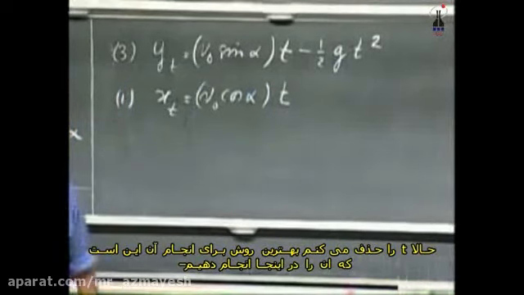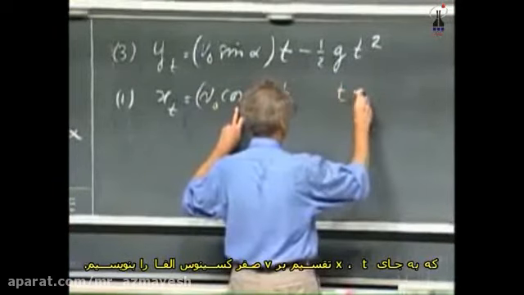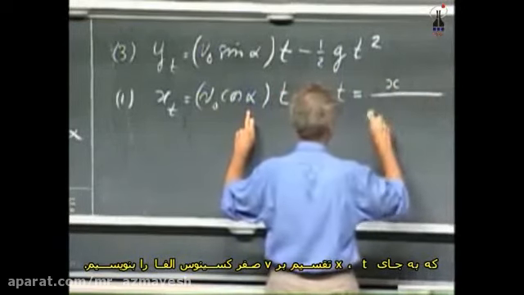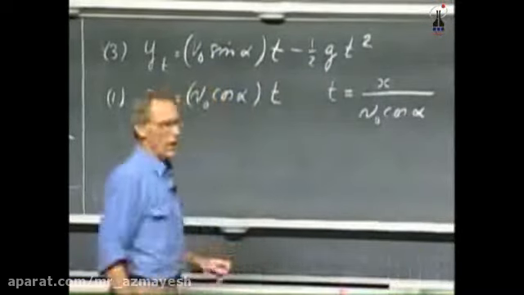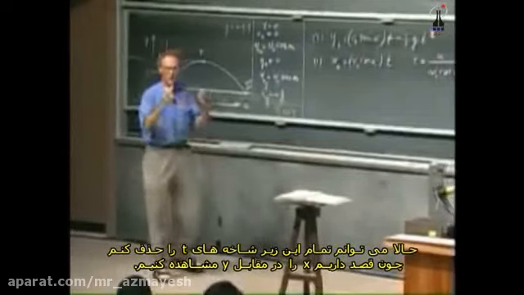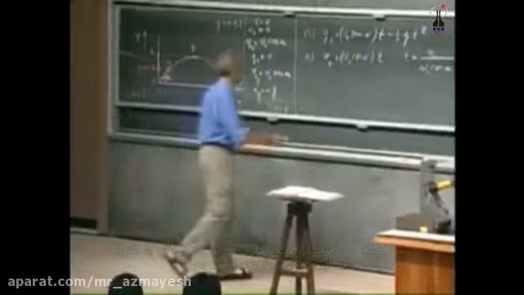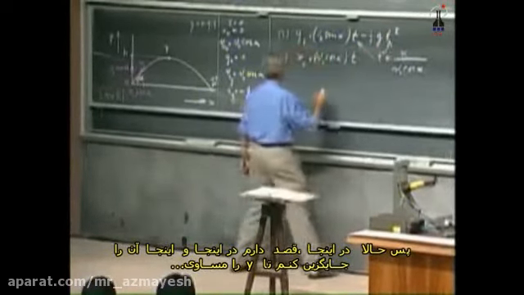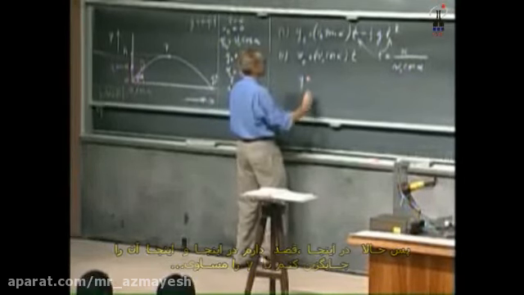Now I eliminate t, and the best way to do that is to write for t: x divided by v0 cosine alpha. Now I can drop all the sub-indexes t, because we're now going to see y versus x. We're going to eliminate t. So I'm going to substitute in here and in there, and so I get y equals.